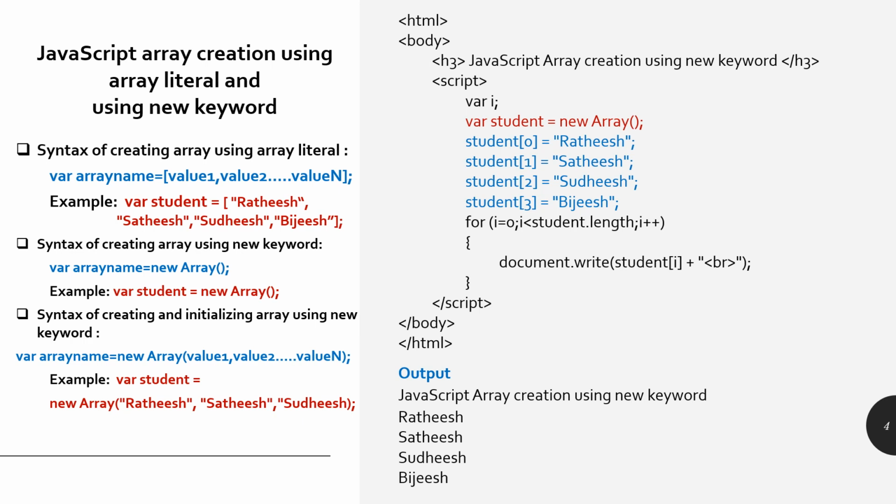For JavaScript array creation using array literal, this is the syntax: the array name you need to specify, and within square brackets you need to specify value 1, value 2, up to value n. Then the next syntax is using the new keyword. We can create it like this: array name, new Array.